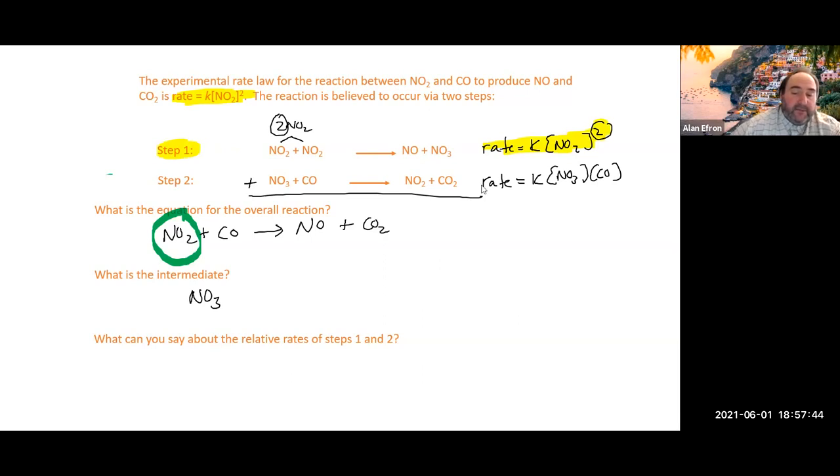Because those two match perfectly, what that tells us is in this mechanism, step number one is our slow step, our rate determining step. And that means that step one is slower than step two. Step two in this mechanism is going to be the one that occurs a lot faster.